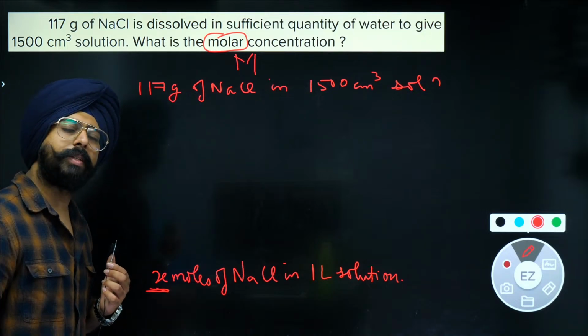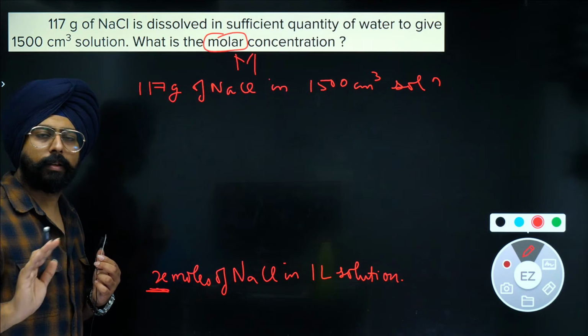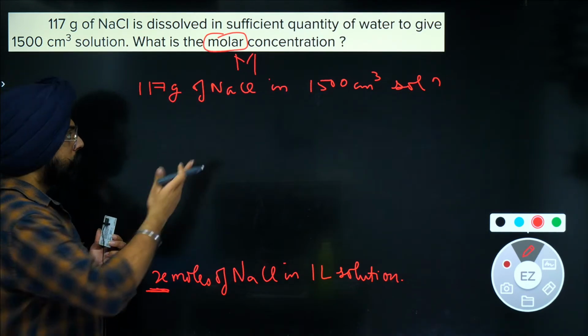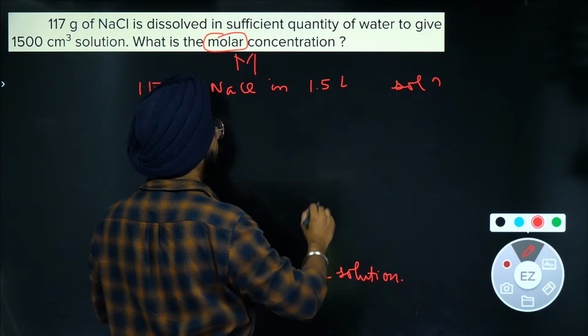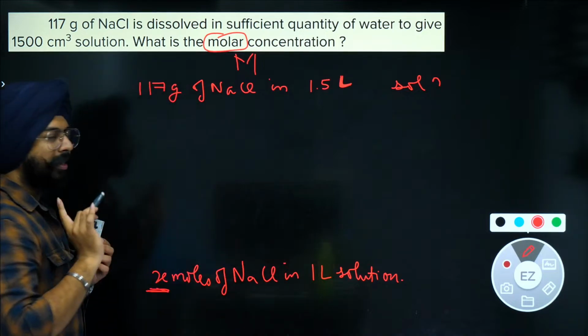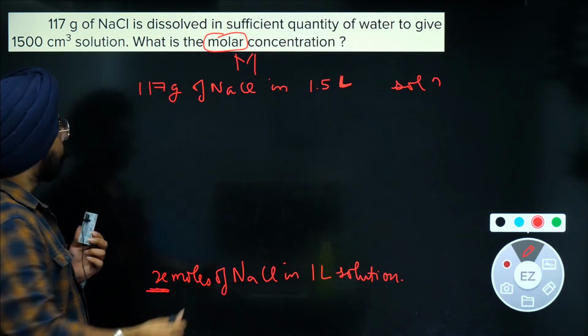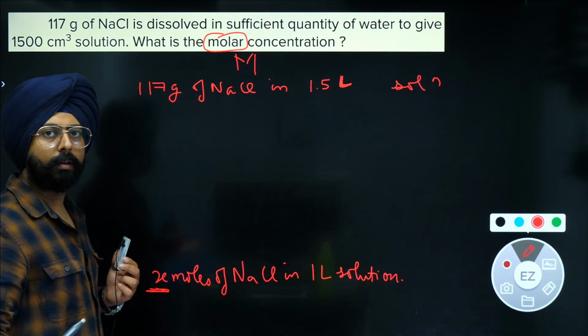Cubic centimeters is basically equal to milliliters. Okay, cubic centimeters and milliliters are the same. So this is basically equal to 1.5 liter. So you have to convert this into moles and you have to convert the entire solution to 1 liter.